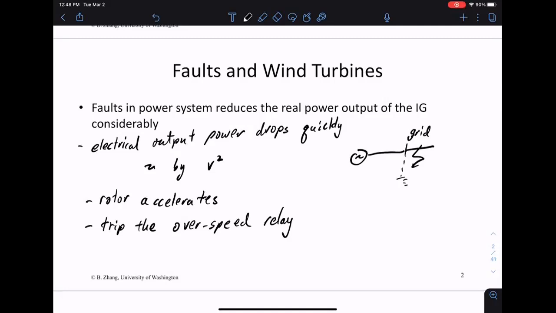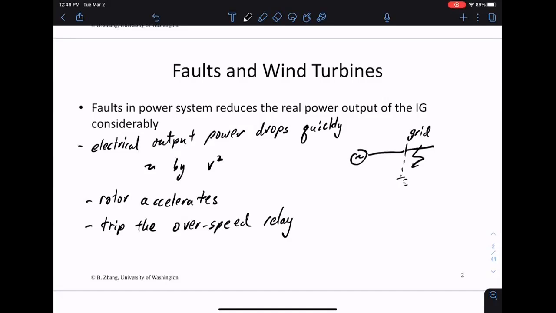When you start an induction machine, let's say this is type 3, how does the starting current compare to the steady state current? Which is larger, the starting current or the steady state current for an induction generator?